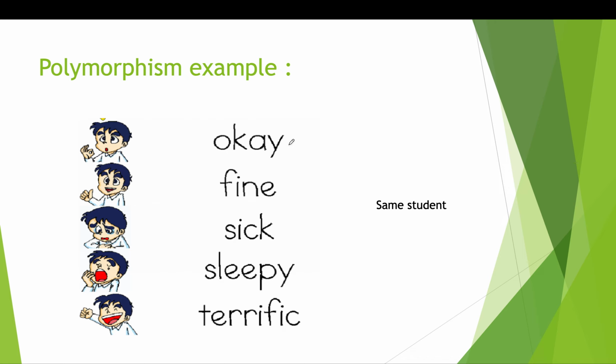In some of the lectures he might be too sleepy or too happy to attend. So the same student might behave in different ways depending upon the subject or the time of the lecture. That is your real life example of polymorphism: the same thing behaving in different ways depending upon the situation.